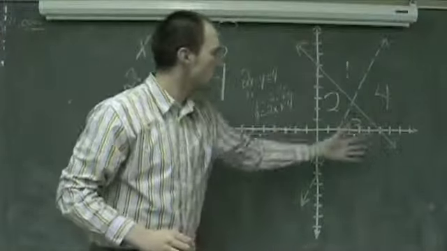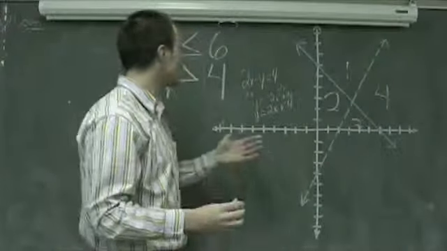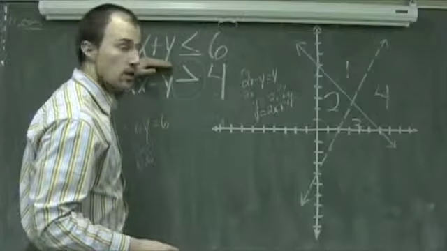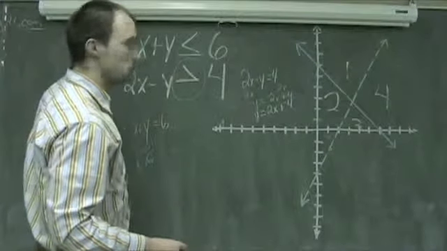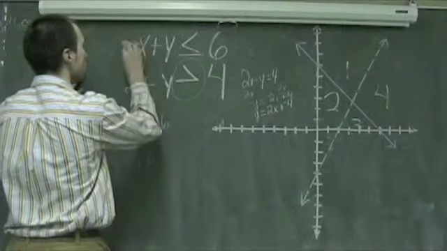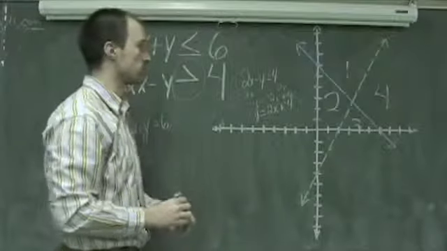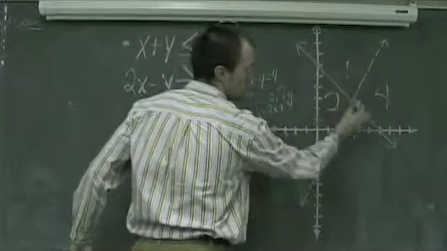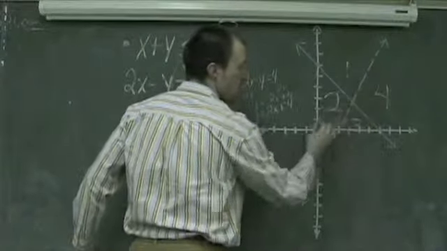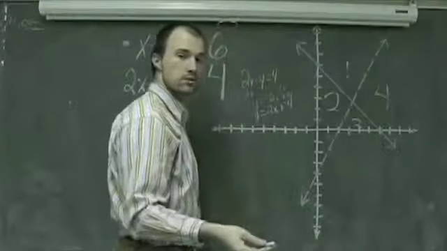To evaluate which region will be true for us, we can take this one step at a time. With respect to our blue line, x plus y needs to be less than or equal to 6. I'm going to pick a point that's conveniently located on one of the regions, either 2 and 3 or 1 and 4 of that blue line.